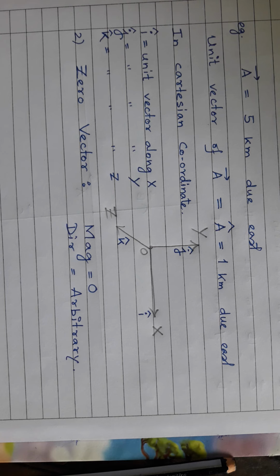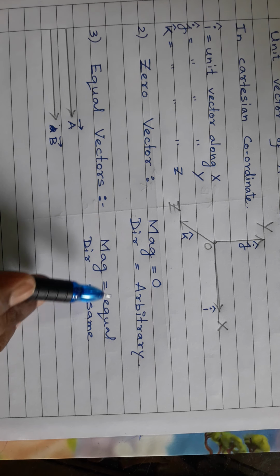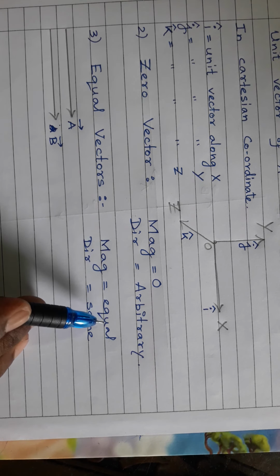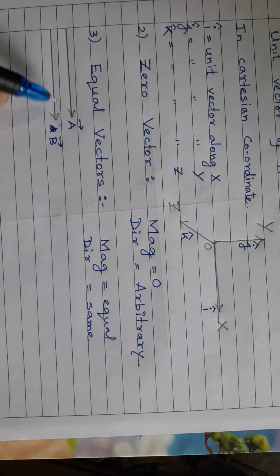Since the car is at rest, its velocity is 0, but velocity is a vector quantity, so we can call it zero vector. Next comes equal vectors. Two vectors are said to be equal if their magnitudes are same and direction also same. Here A and B are equal because their length is same, that is magnitude same, and direction is also same.